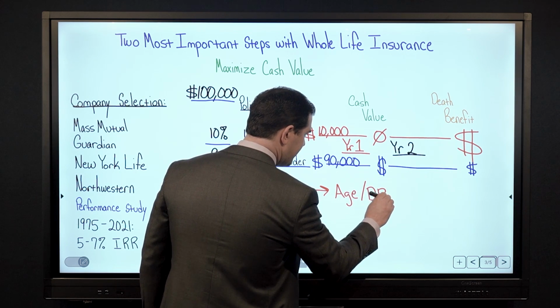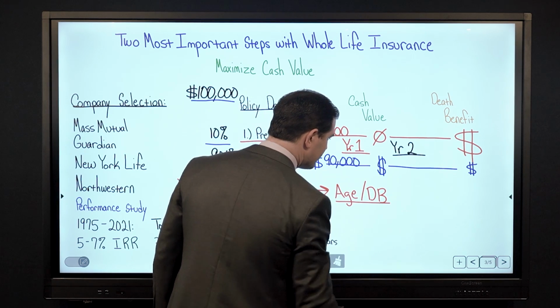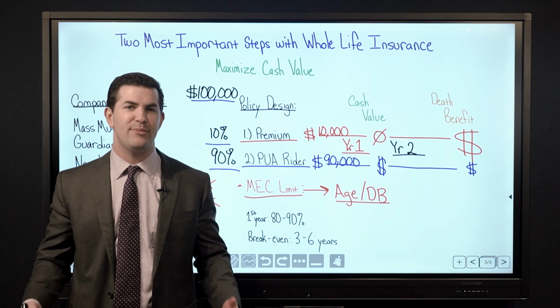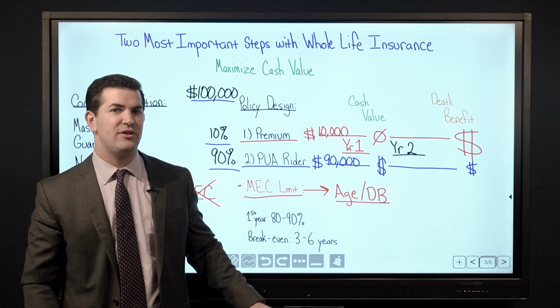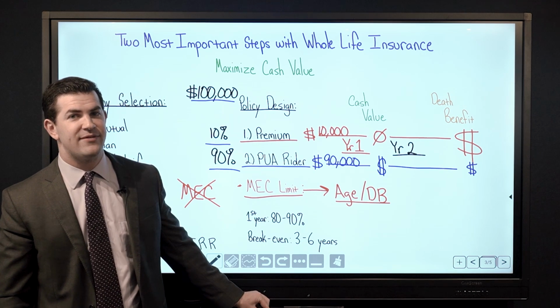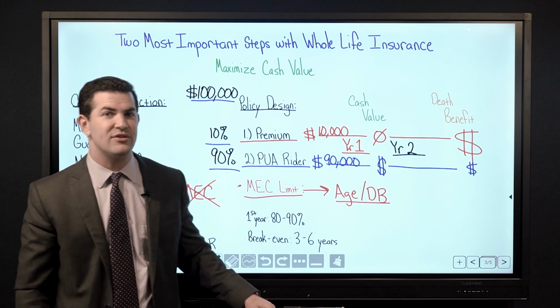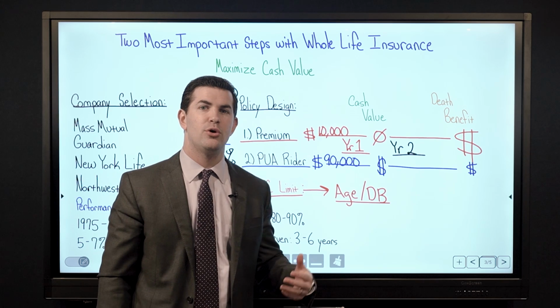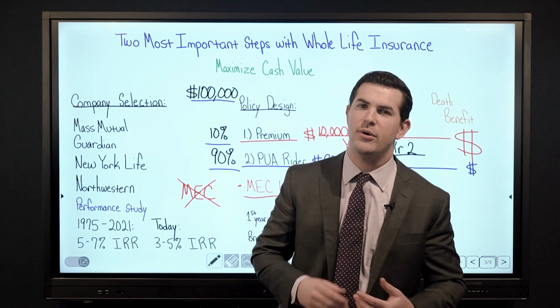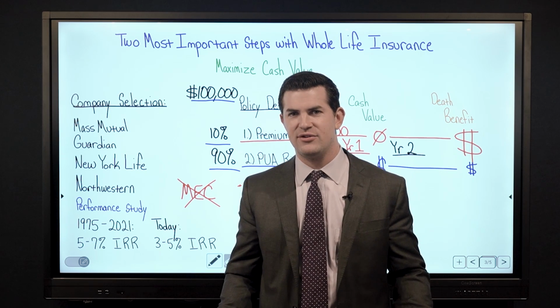And what you'll find is that it has a direct relationship to an individual's age and total death benefit. That is actually the measuring stick that the IRS uses to determine if a life insurance policy will be viewed as life insurance in their eyes, or a pure modified endowment contract, where if I want to access the cash value, I have to deal with potential taxes.